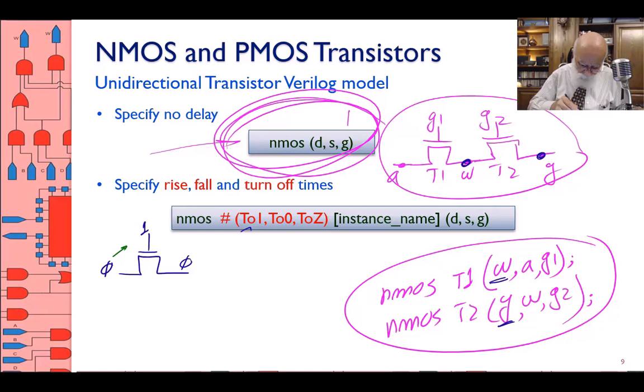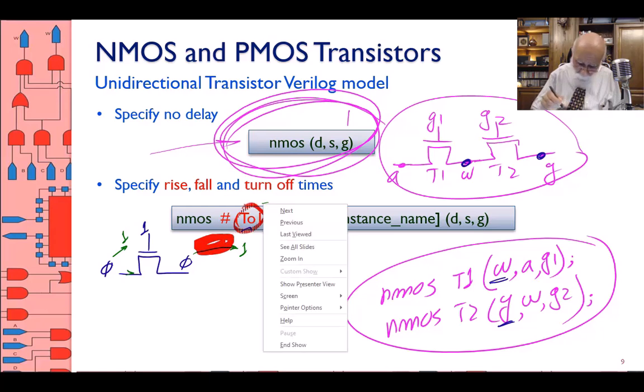Because of this change, this 0 also changes to 1, but with a delay from the time that the input changed. The delay here is called the to 1 delay.